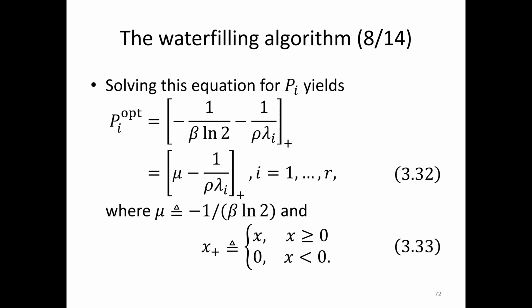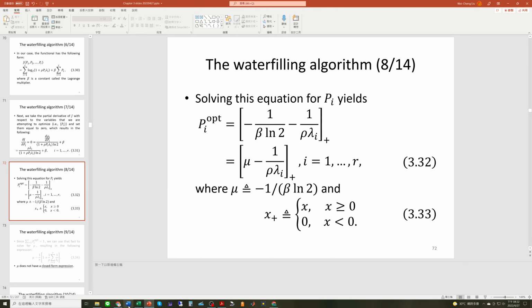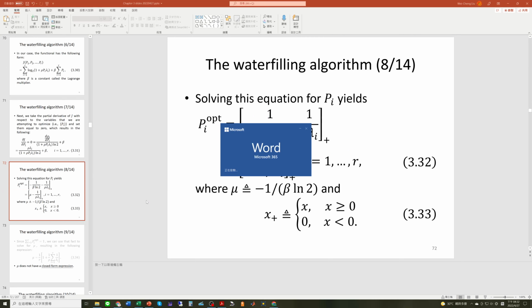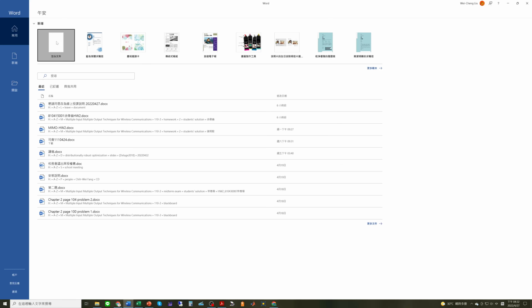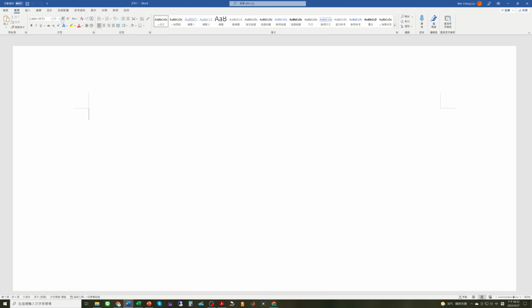Please look at the blackboard. Because I do not have a blackboard, let me use Microsoft Word instead. It is chapter 3, page 72, problem 1: derive equation 3.32.